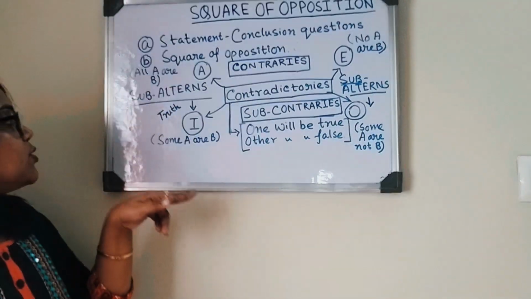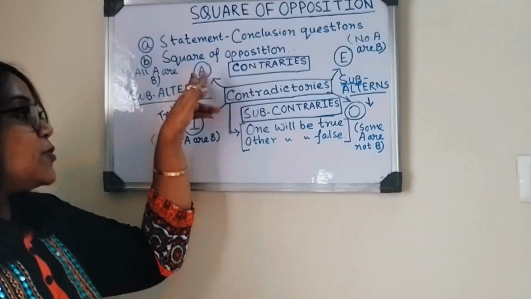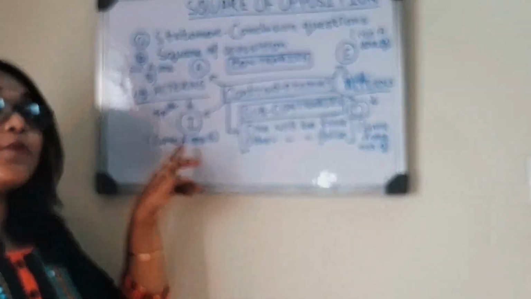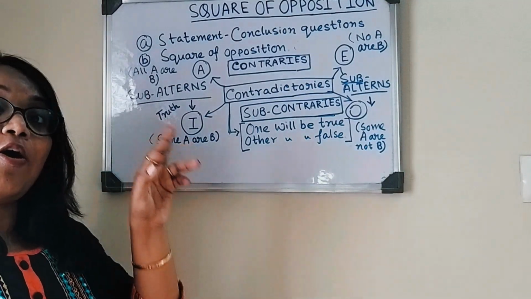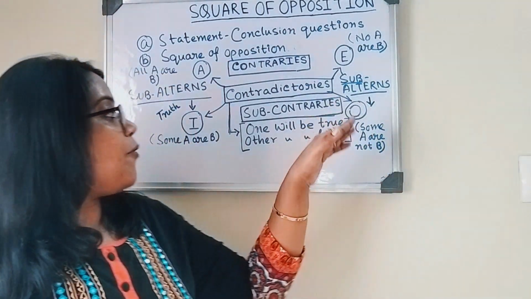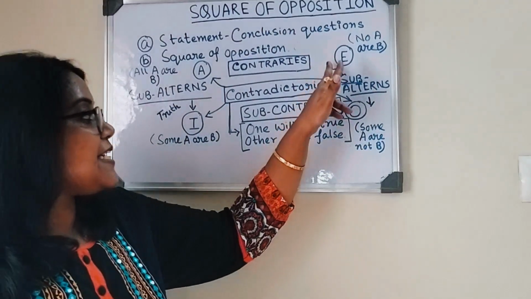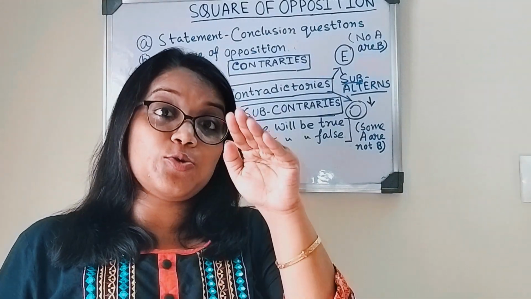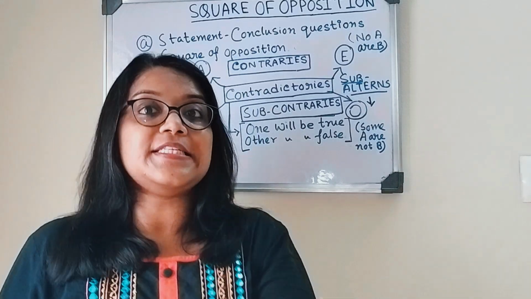Clear? So if A is true, basically truth downward, so that means the I type of statement will also be true. Clear? Now going to the next pair of subalterns, and that is E and O. We have already told subalterns indicates truth downward and falsity upward.